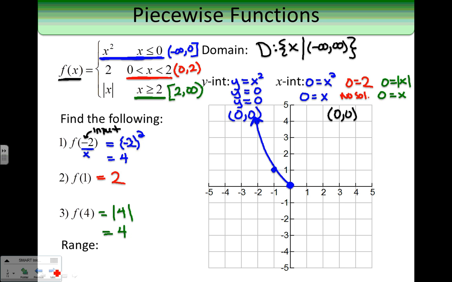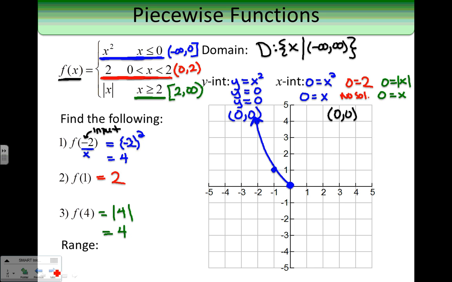Okay, let's graph f of x equals 2. That is the function y equals 2. That's just going to be a straight horizontal line at y equals 2. Now, notice this domain is only where x is greater than 0 and less than 2, but not equal to.